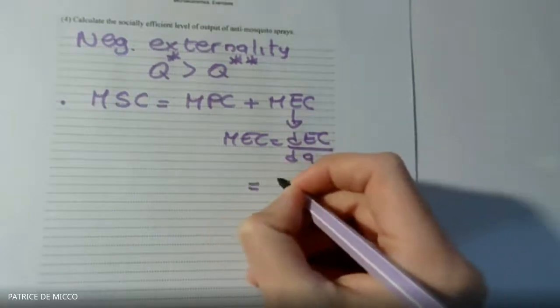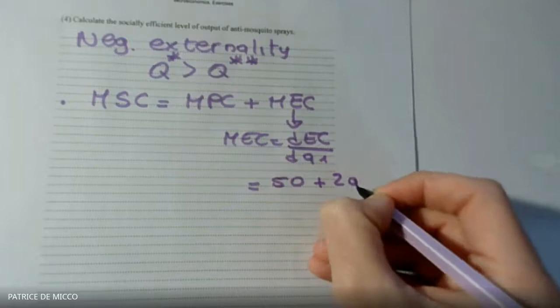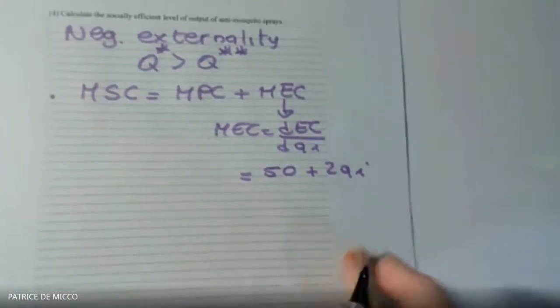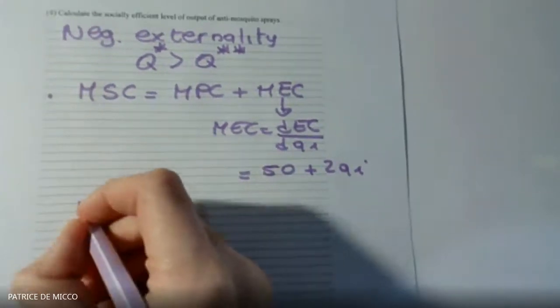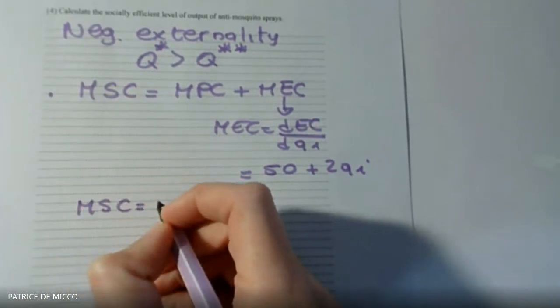And so it is given by 50 plus 2 QI, okay? We were given external cost at the beginning, so it's really easy. We just compute the partial derivative. Now we can set up the equation, because we can write marginal social cost equal to marginal private cost, which is marginal cost.